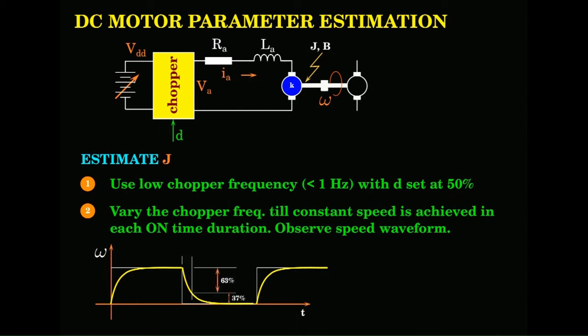So wait till you get down to 63%, then take that value as tau m, mechanical time constant, where J by B is tau m, J is tau m into B. You can repeat the experiment for a few more speeds if interested, and then you have the value of J.